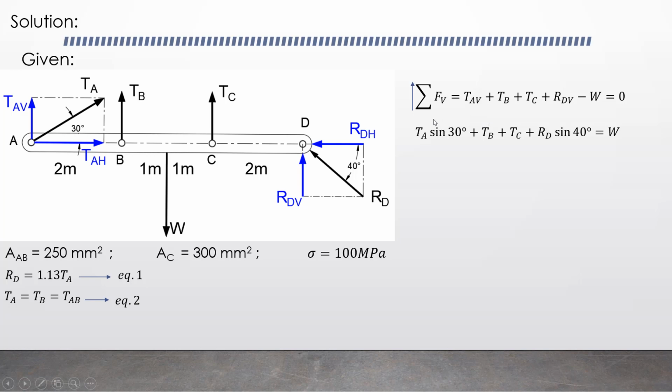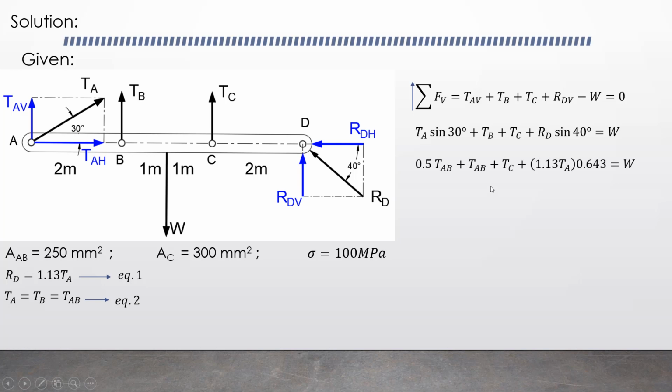So next is to simplify our equation. We're going to get the sine of tension A for the vertical component, and then also the sine of 40 degrees of the RD, or the reaction at D, to get its vertical component.